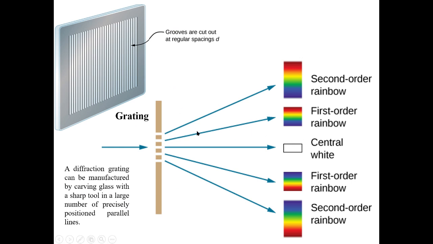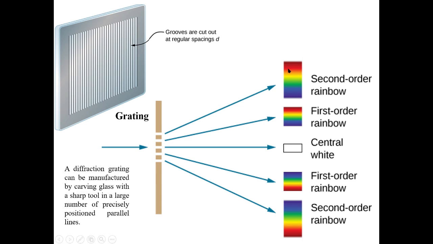So this is another picture for the same. This is the central principal maxima, this is the first order principal maxima, and this is the second order principal maxima. We see that the spectrum is converged in this region in the first order maxima.